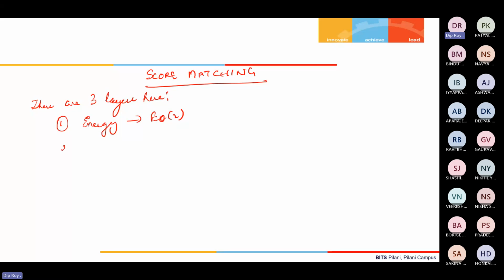The next layer is your unnormalized density, which is given by f theta x equal to exponential of minus E theta x.